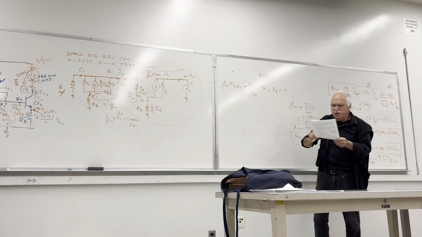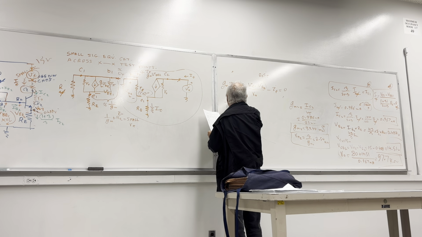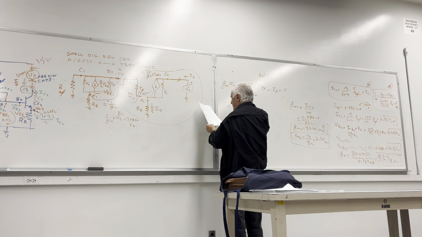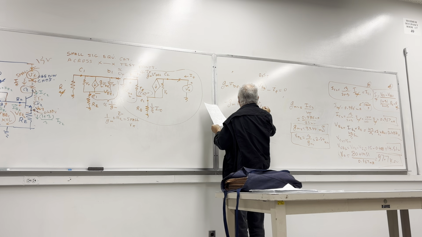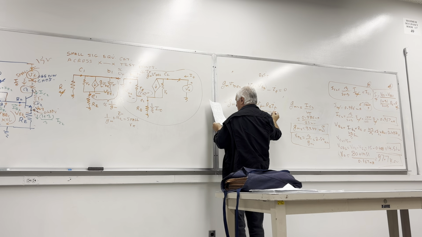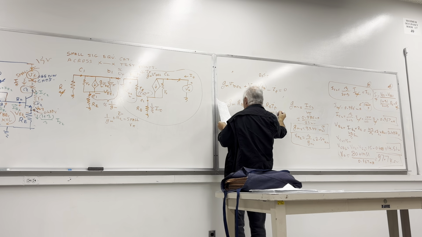So you're going to get minus GM times RE, IT, plus VT minus RE IT over RO minus IT equal to 0.